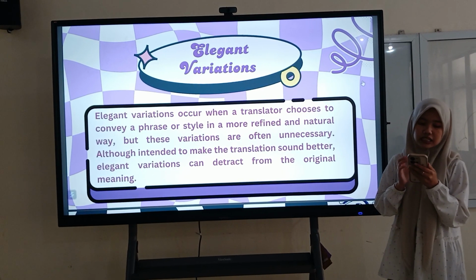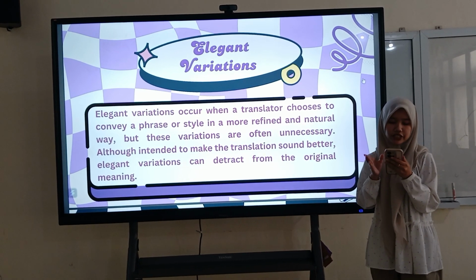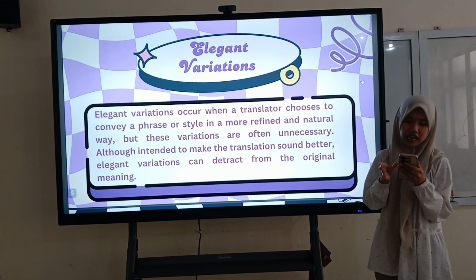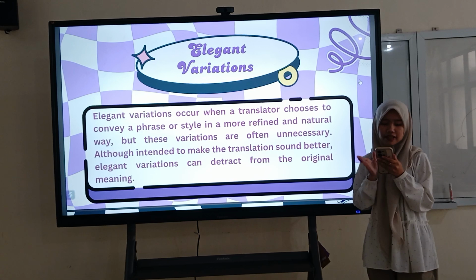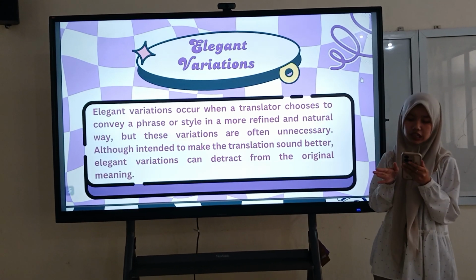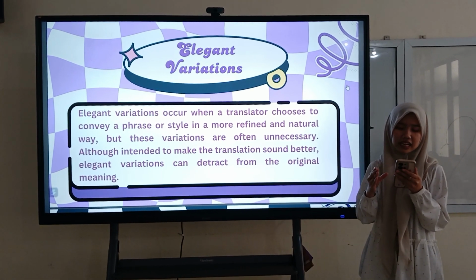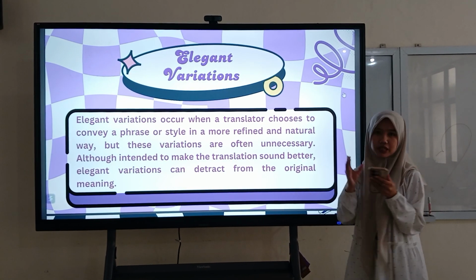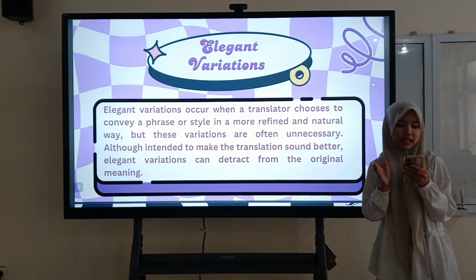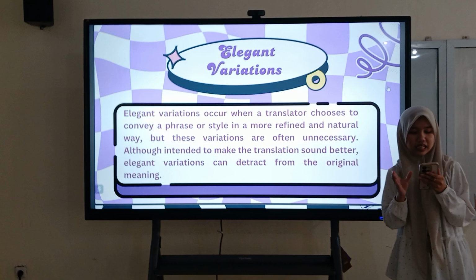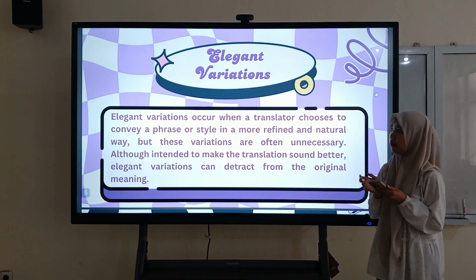For example, the English sentence "Bandits of Mayfair have established a reputation respected throughout the world" can be translated to Indonesian as "Bandits dari Mayfair telah membangun reputasi yang dihormati di seluruh dunia." If we change respected to recognized, it sounds nice but loses the meaning. Recognized makes it sound more elegant, but respected is better because it shows more trust and respect in the original meaning.